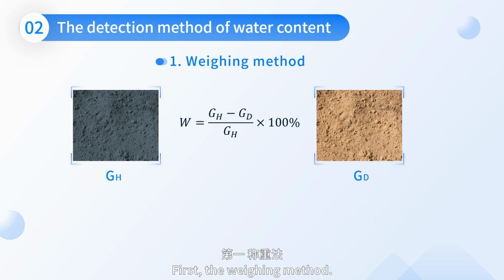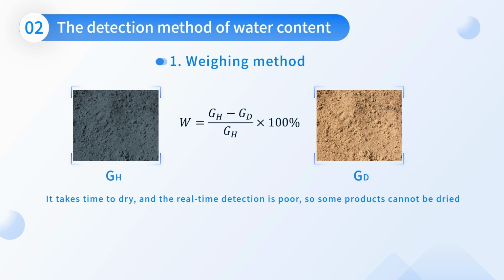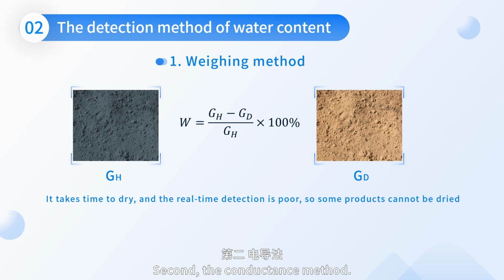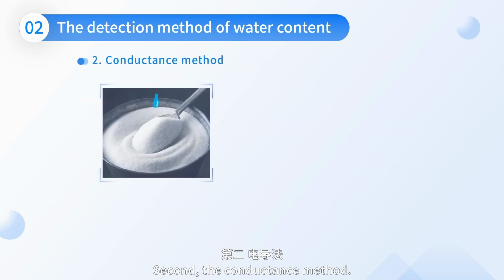First, the weighing method. The weights GH and GD of the substance before and after drying are measured. This method is very simple, but it takes time to dry, and the real-time detection is poor, not to mention some products cannot be dried.